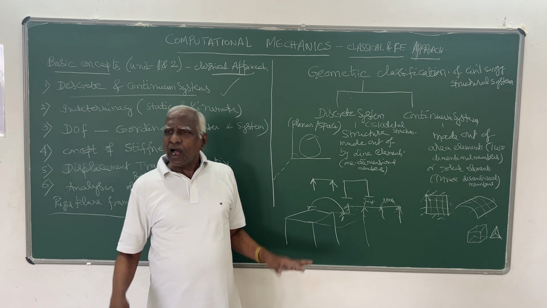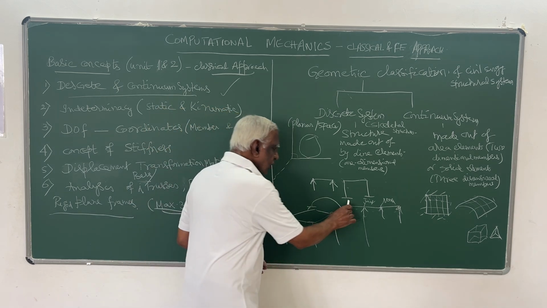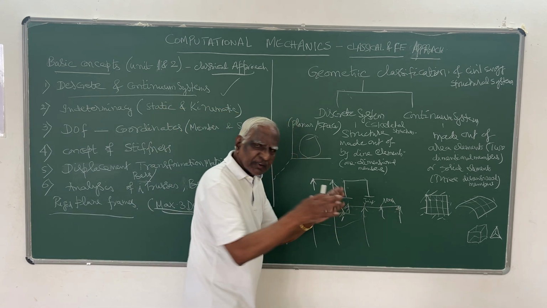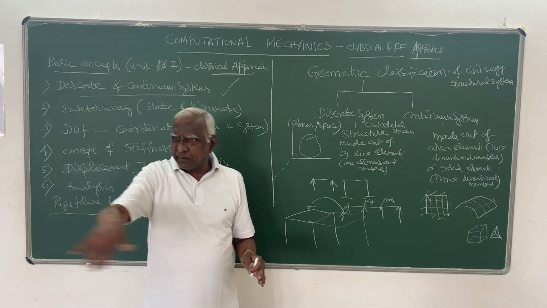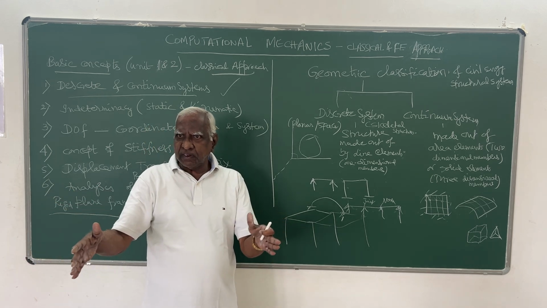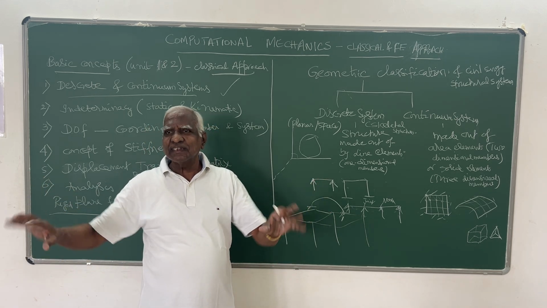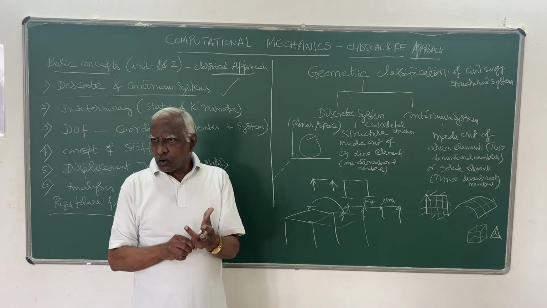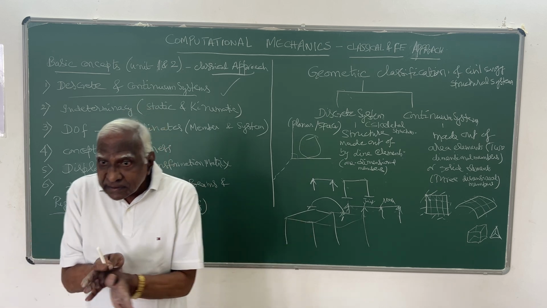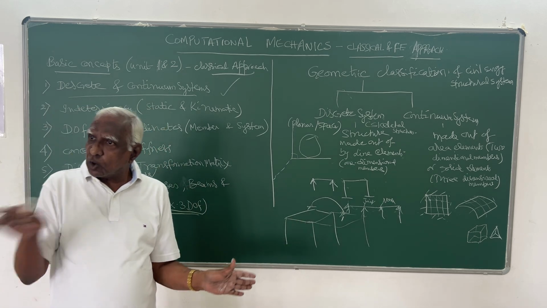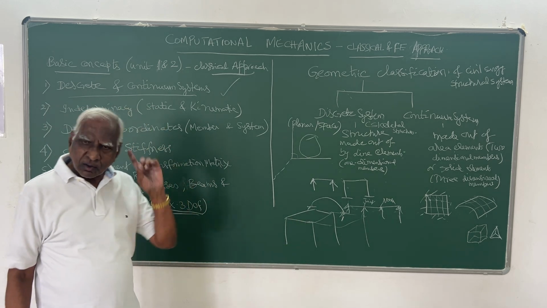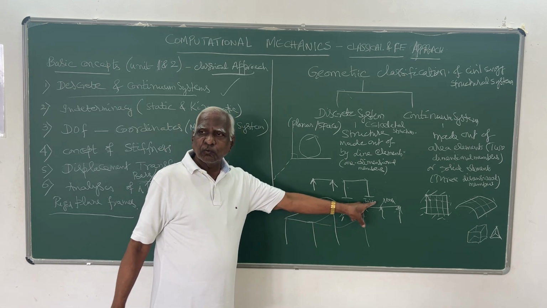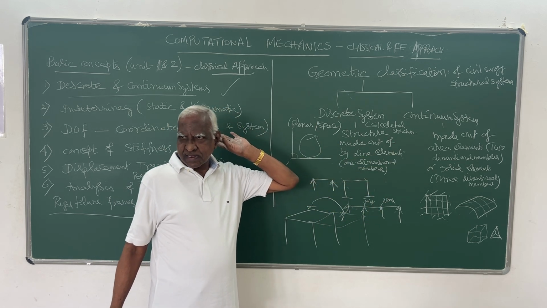Otherwise, the best way is to assume each joint or node to be fixed. Whatever load is there on the member in between the nodes, we take as equivalent joint load. That's what that is. Right? All the loads and the internal resistance to oppose that particular load are considered to be acting only at the nodal points.